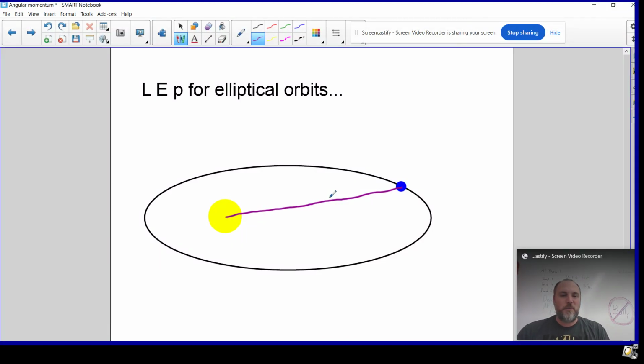And what we got from that was when the Earth is over here closer to the sun, it has to be traveling with a higher velocity. It has to be traveling faster here. And it's traveling slower over here where it's further from the sun.